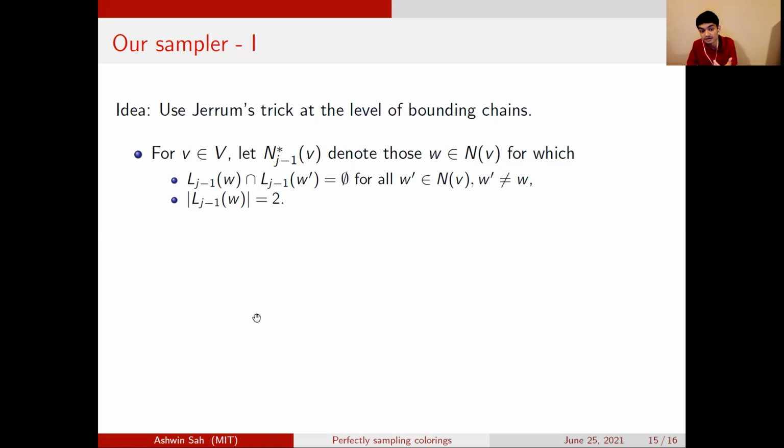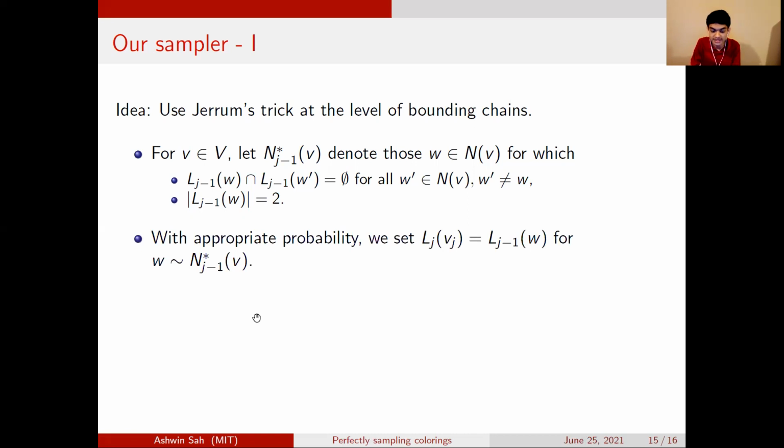So let n star j minus 1 of v be those neighbors w of v, which have a pair which is disjoint from all the other lists. In this situation, with some probability, we let our list of size 2 for the vertex v that we're looking at, vj, literally be that list, that disjoint pair list of size 2.